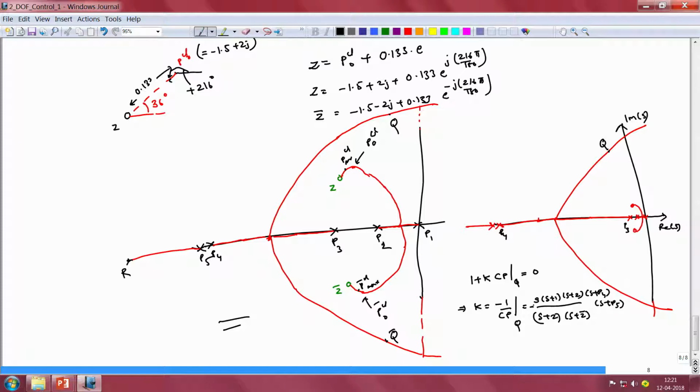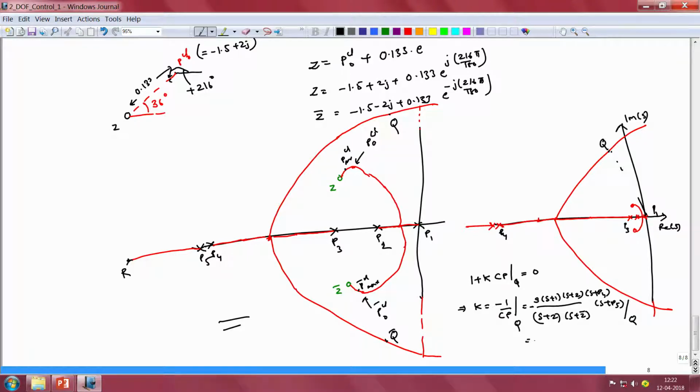So that is k, and this is evaluated at the point q. Now if we recall the geometric interpretation of the complex number s evaluated at the point q, it essentially is the complex number p1q.